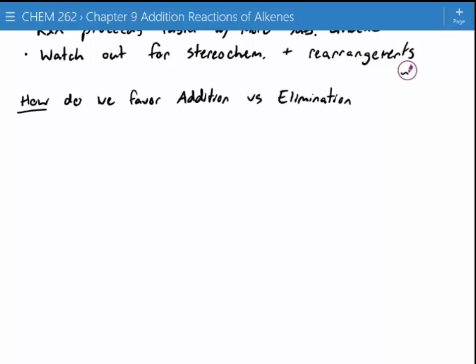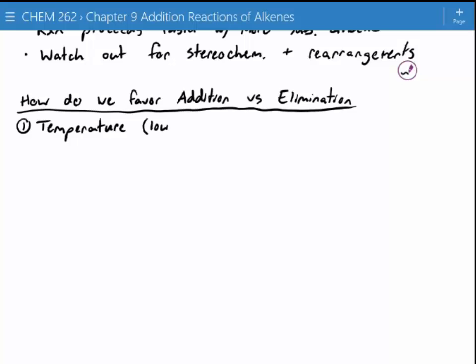What was the one we talked about yesterday? Temperature, right? Which temperature favors addition reactions, high or low? Low. Typically lower temperatures. So lower favors addition.